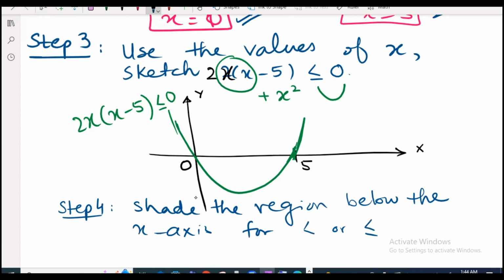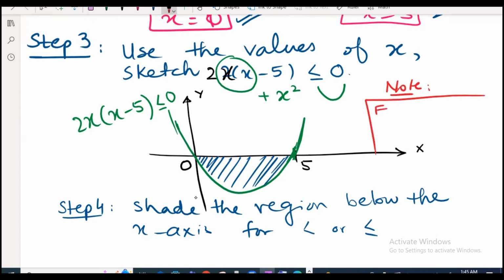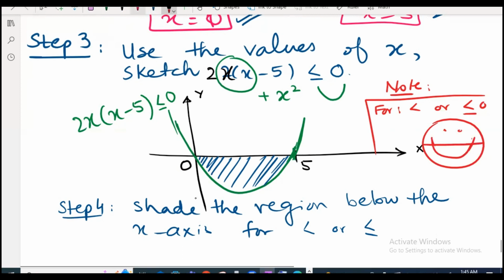So I'm going to shade this. You can memorize by the note. For lesser than or lesser than equal to 0 and a positive x squared, this region will be shaded.